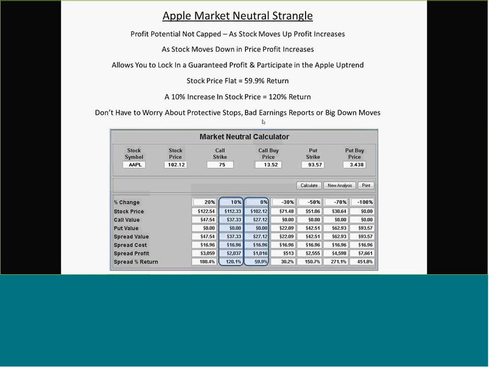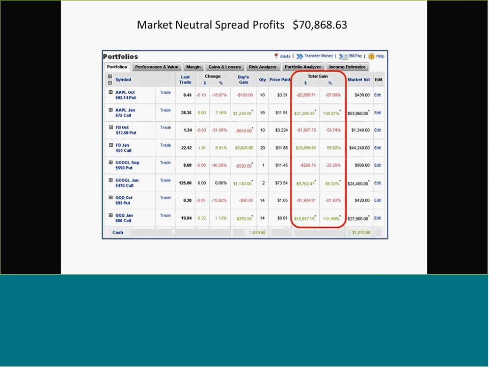And I just wanted to show you real quickly my market neutral spread portfolios. In this account, I have a $70,000 open trade profit, and this is a list of my market neutral spreads. And in this account, I have a $199,000 open trade profit.